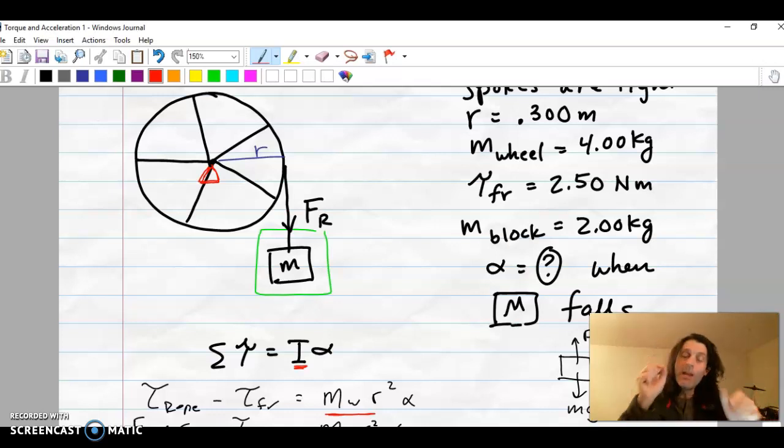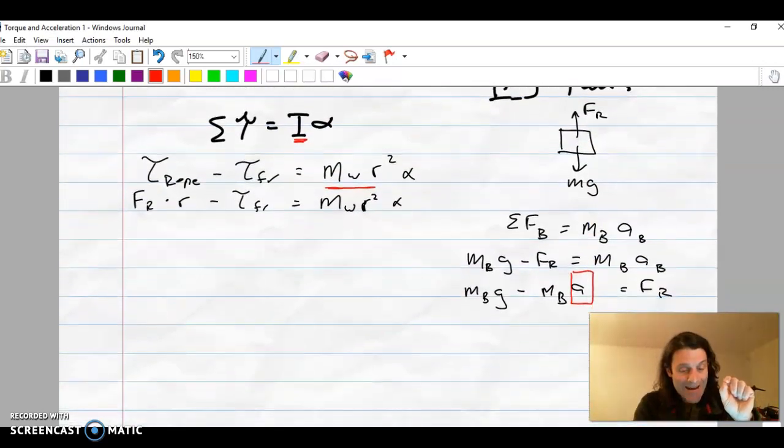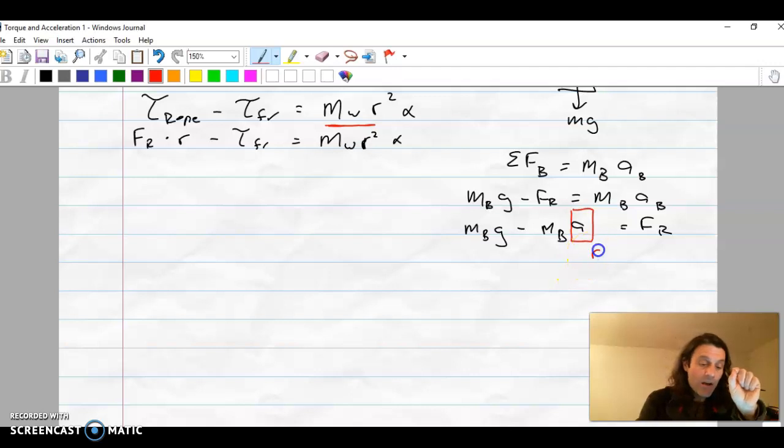So remember, a rotational quantity and a linear quantity are related by the radius, right? So a tangential acceleration, a, is r alpha. What is boxed in red is what I just wrote there. The linear acceleration is equal to r alpha.